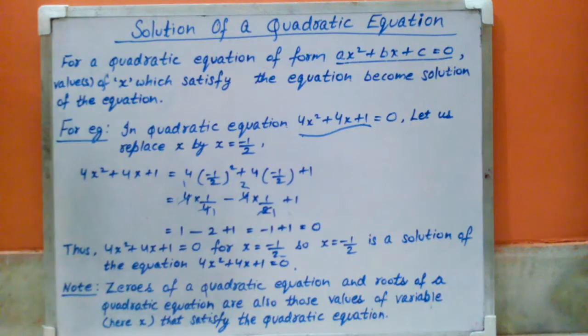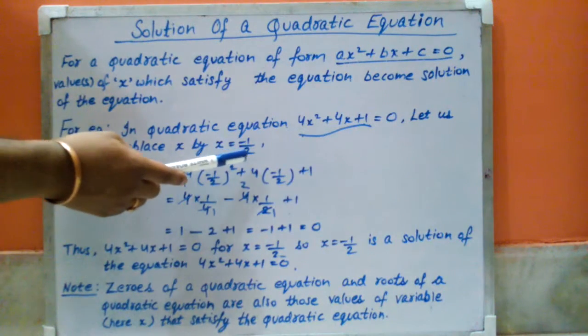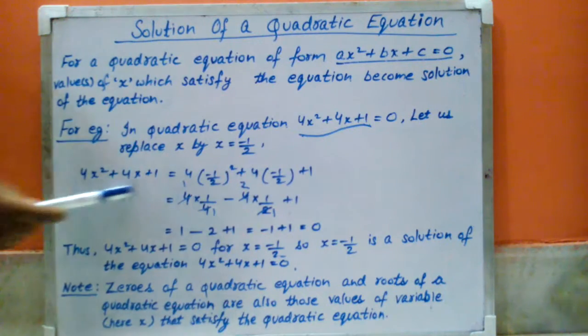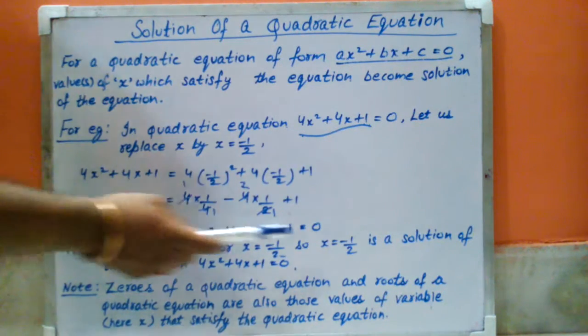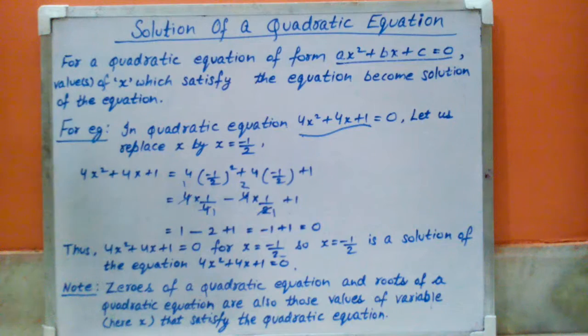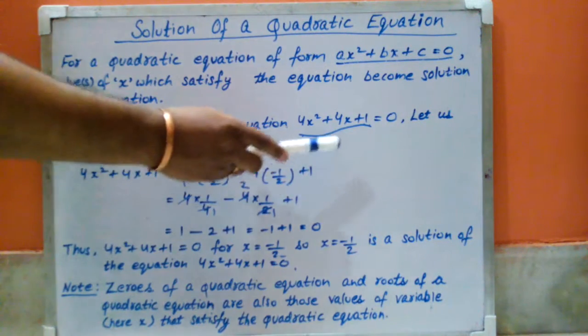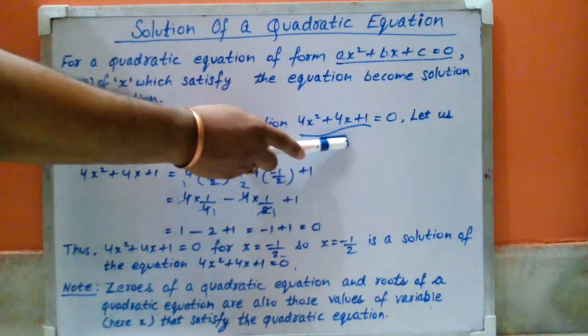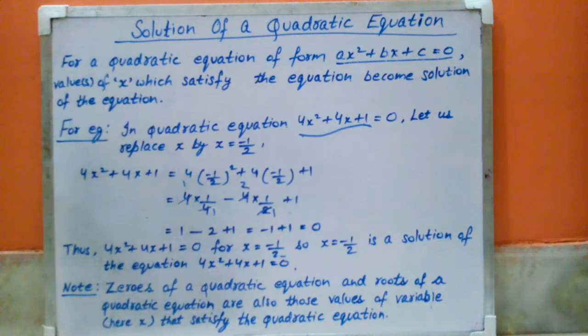So the value of x taken as minus 1 upon 2 has made the left hand side equal to 0 on calculating it after replacing the value. So minus 1 upon 2 is the solution of the equation 4x square plus 4x plus 1 is equal to 0 because it satisfies this equation.